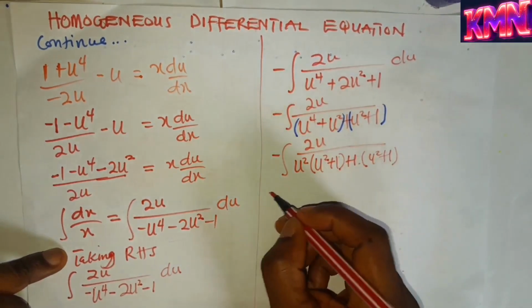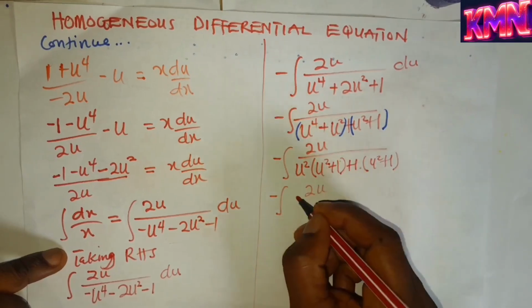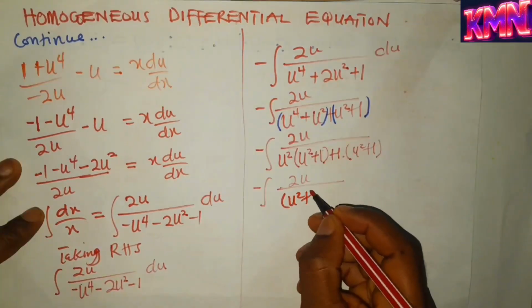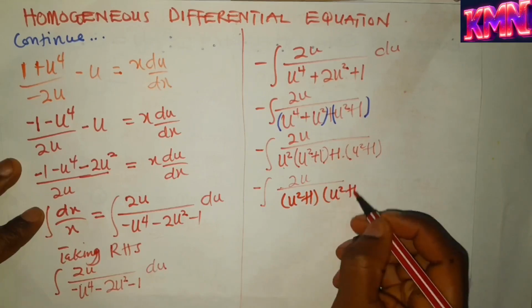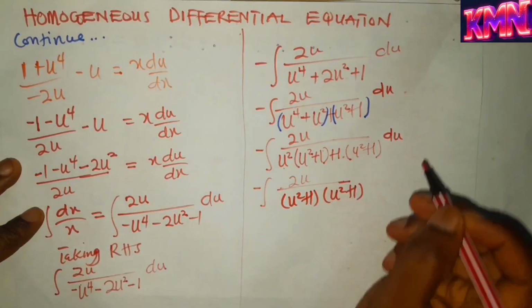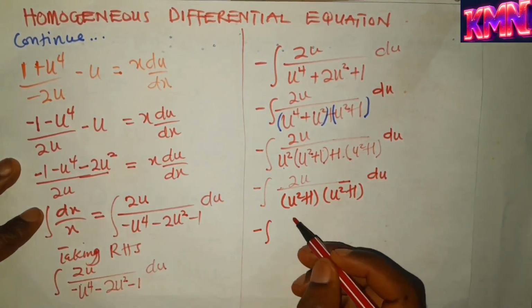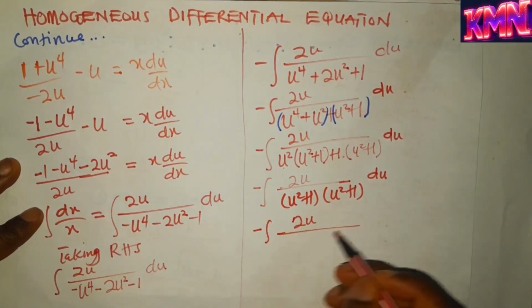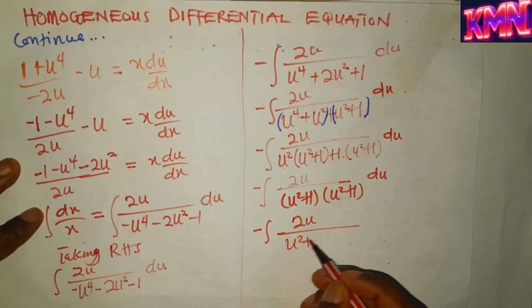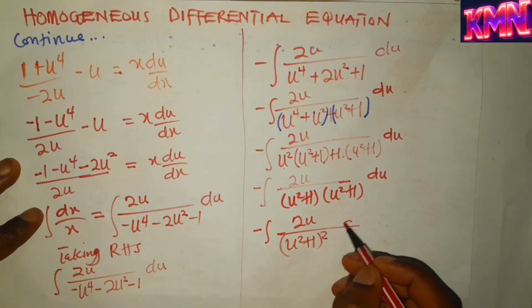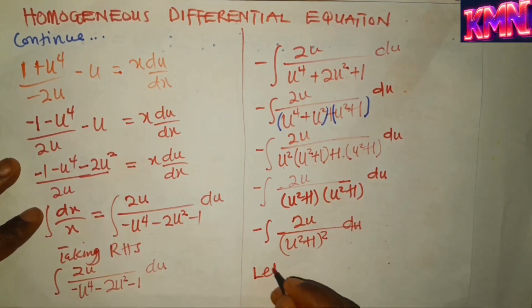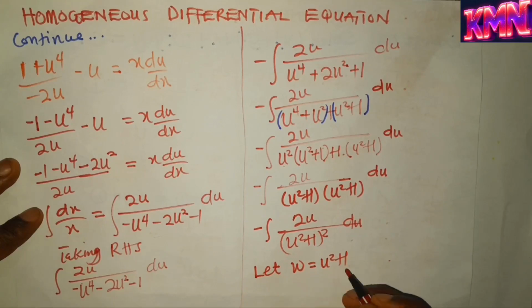And of which we are going to get 2u on (u^2 + 1)(u^2 + 1) du. This and this are the same, so we are going to have 2u on (u^2 + 1) all squared du. Let w equals u^2 plus 1.